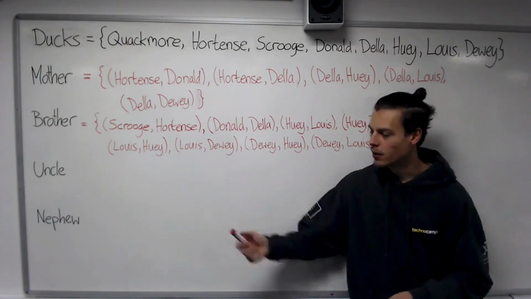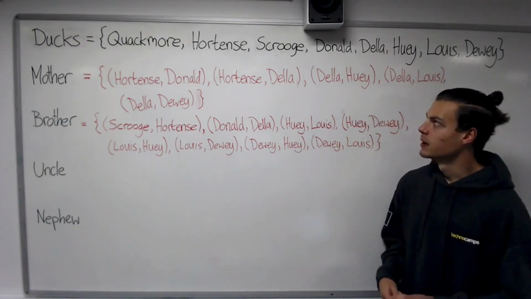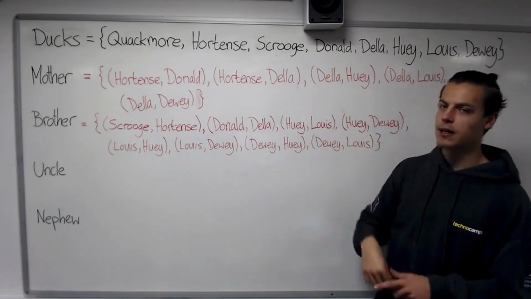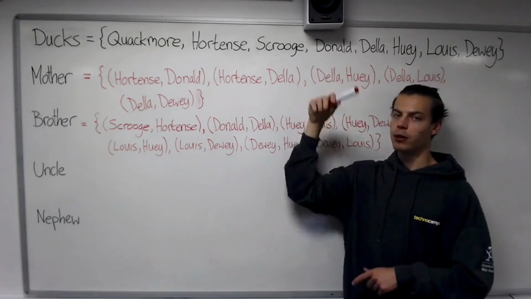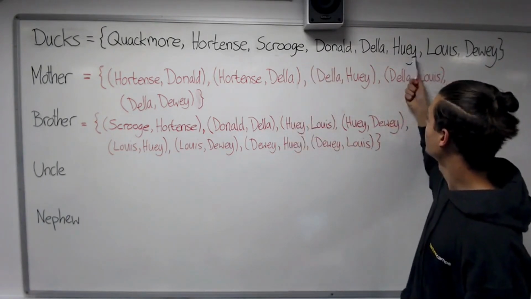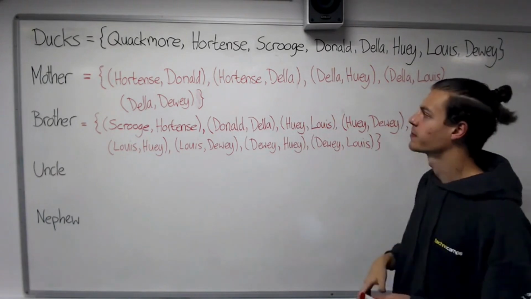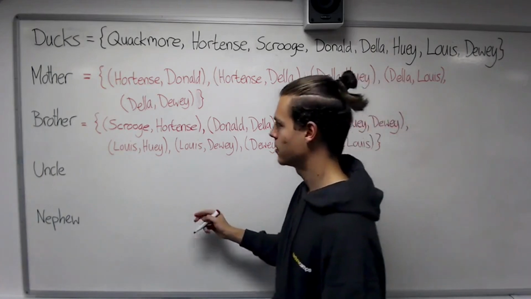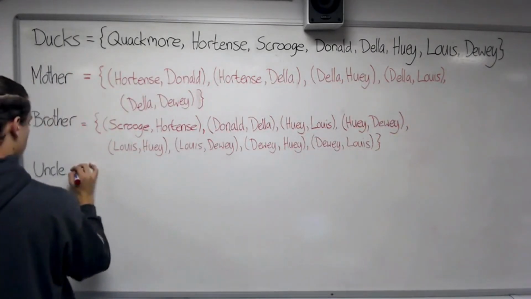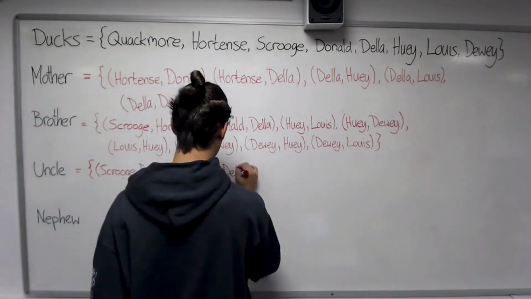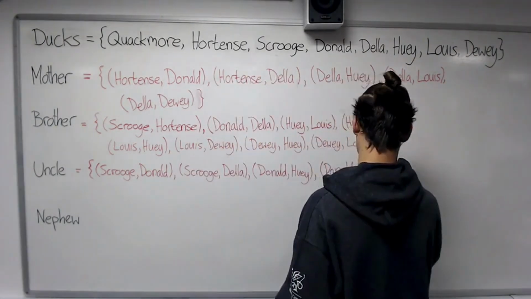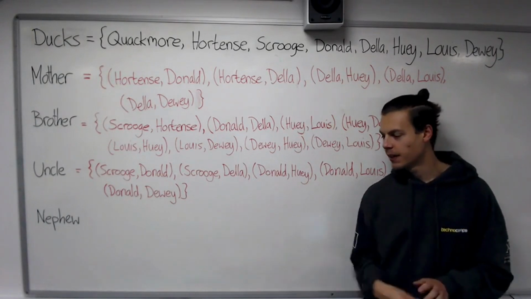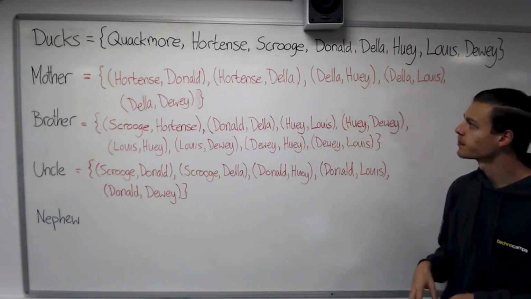Thirdly, we have the uncle relation. So Scrooge is the uncle of both Donald and Della, and Donald is the uncle of Huey, Louie, and Dewey. So this will give us 5 pairs in total. And finally, let's look at the nephew relation.